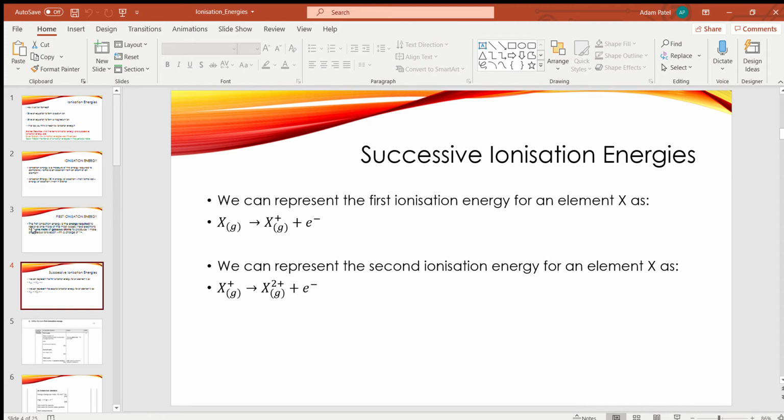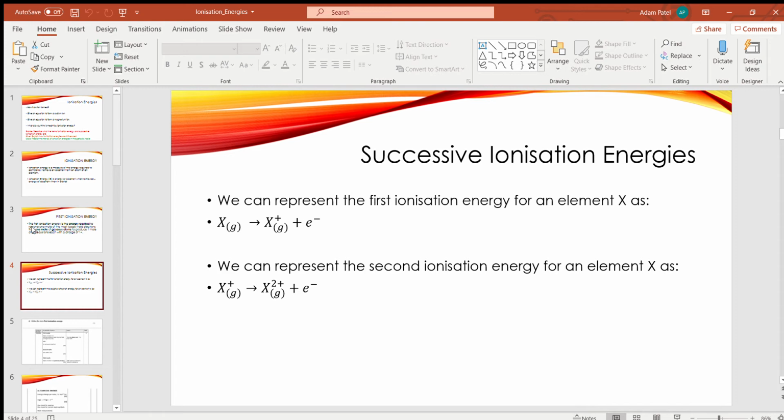So our third ionization energy, for example, would be X2 plus goes to X3 plus e minus, again both in the gaseous state. So we can't just jump straight from our normal atom to a 2 plus or a 3 plus. We have to go through these stages of different ionization energies.